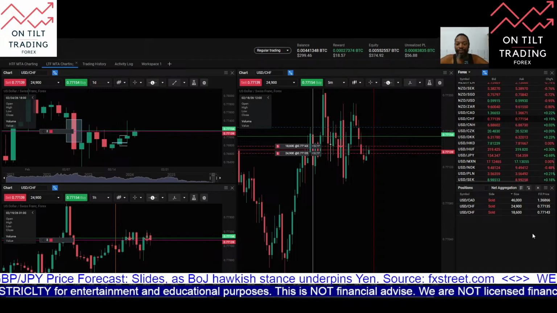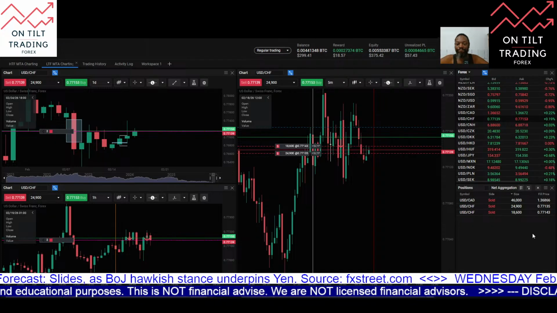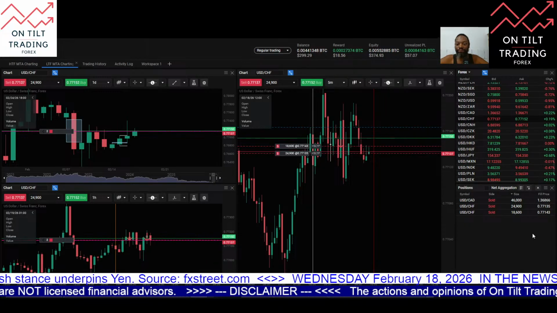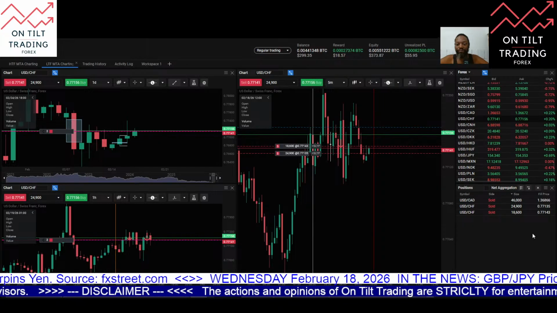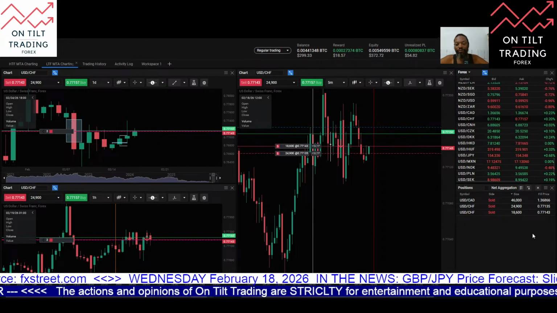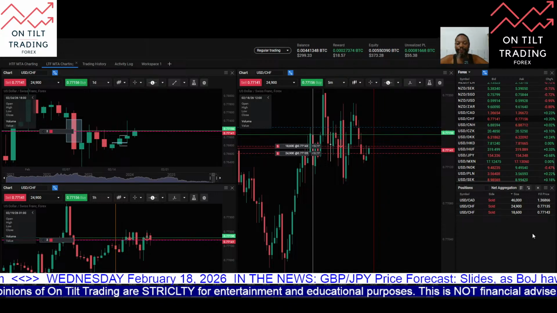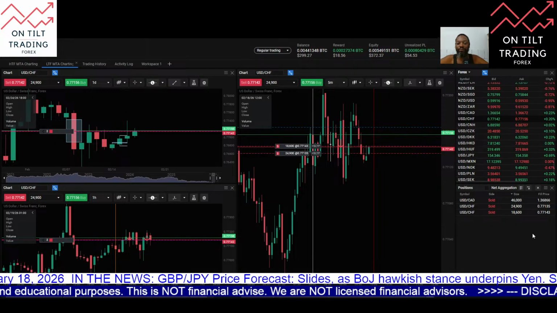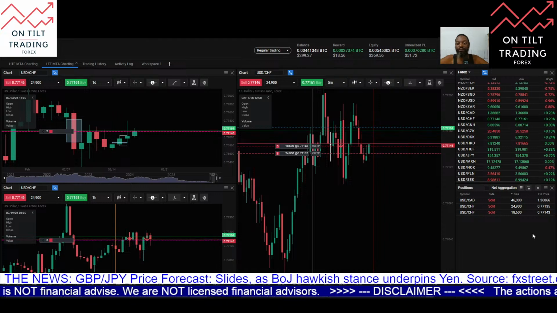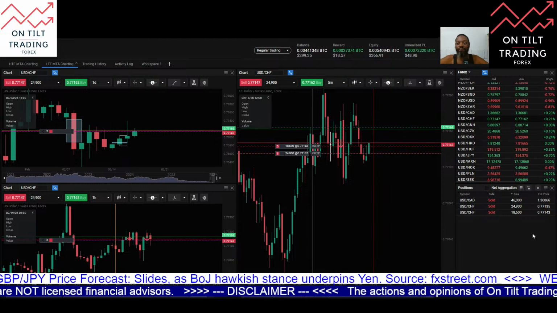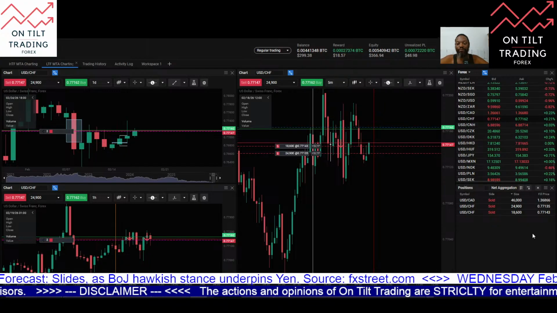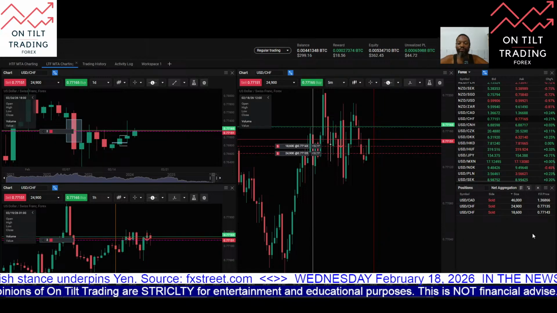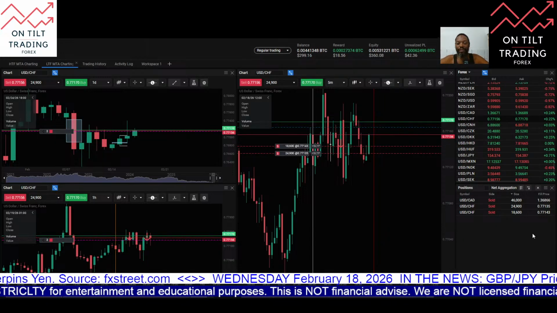Price trading back into that area of consolidation. Still seeing buy-side delivery here. Buy-side delivery with speed here.